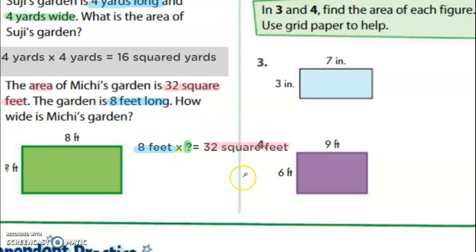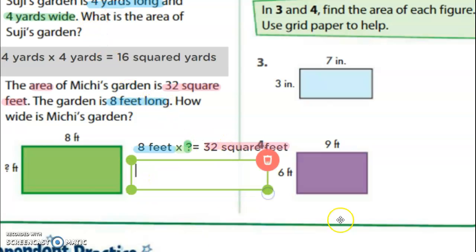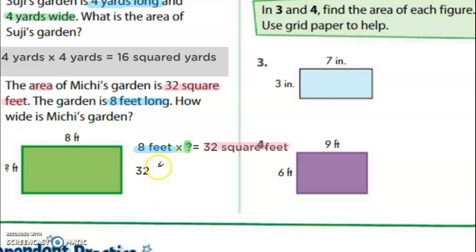So I know that I can flip around a multiplication problem to make it a division problem by putting the largest or the total first. So I'll put my total first, and I can divide that by the amount of groups.